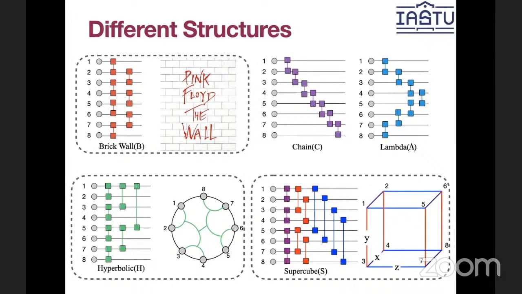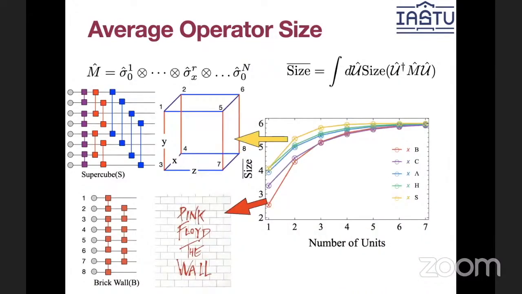Here I just showed one unit of a structure, and the number of units means we repeat this one unit. For example, with 4 units, we repeated this structure 4 times. For this structure, we also repeat 4 times, but the total number of two-qubit gates is fixed to be the same as this one.